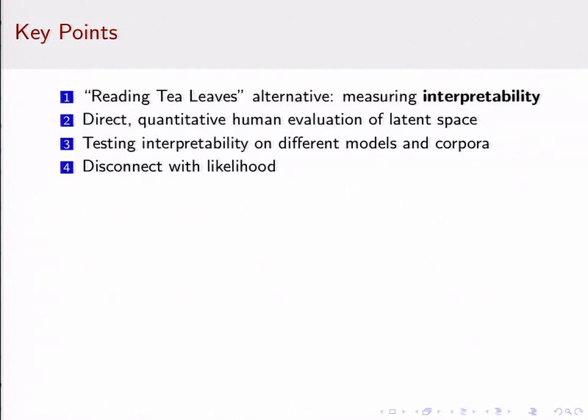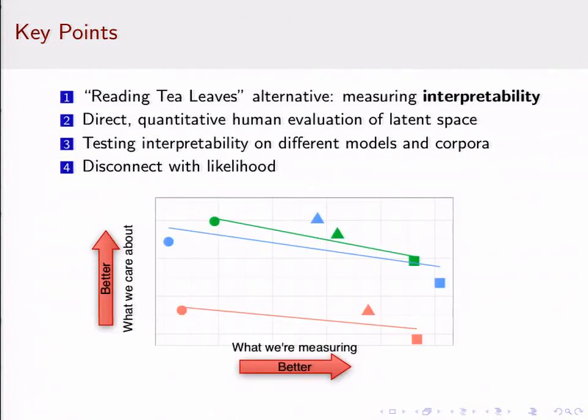So in this part of the talk, I'm going to propose a direct quantitative human evaluation of whether these things make sense. We're going to test this measure of interpretability, how much it makes sense, on a bunch of different models and corpora. And we'll show that there is a disconnect with likelihood. It turns out that what we care about and what we're measuring aren't necessarily aligned.